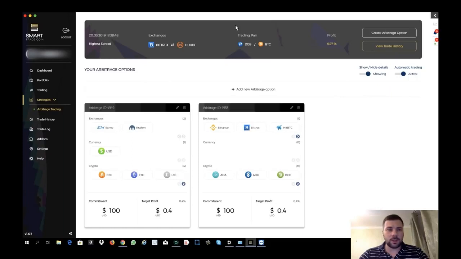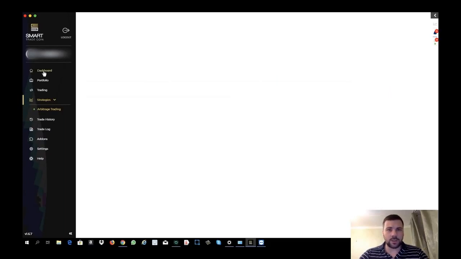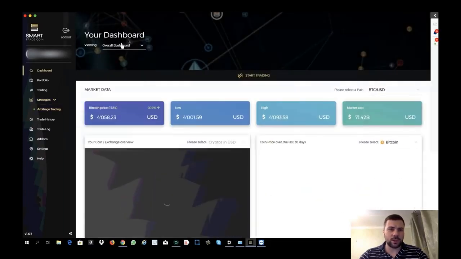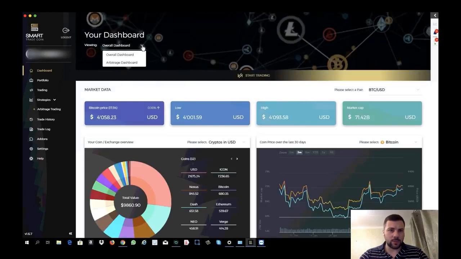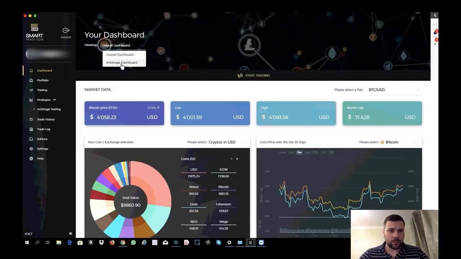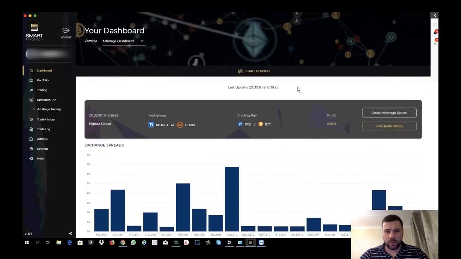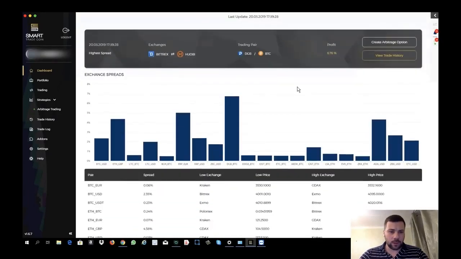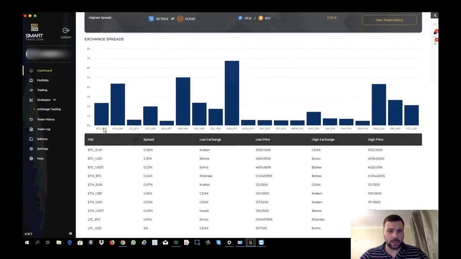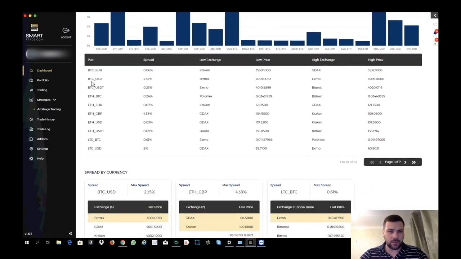How to choose coins? I'll say briefly. Here in the dashboard section, we go to the arbitrage desktop. Now my program is lagging a little. The arbitrage desktop. And we see bars where we have coins. For example, BTC USD: if we look at the line, this is the Bittrex exchange, EXMO, basically Kraken, EXMO.